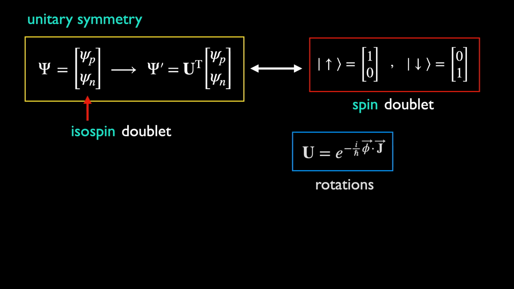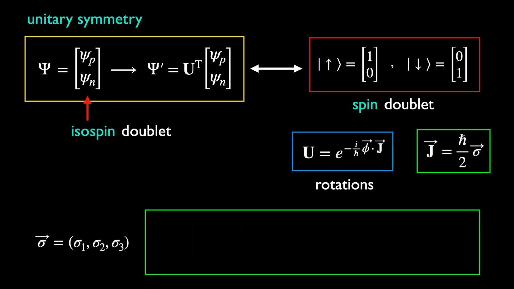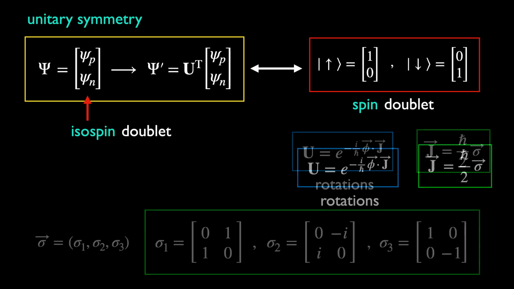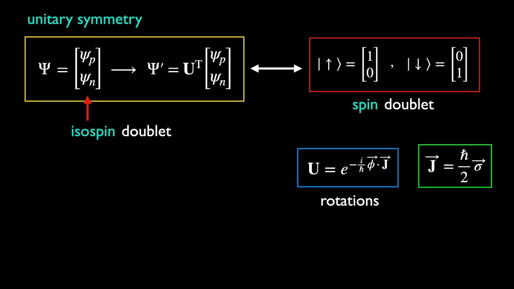Rotations are represented by the 2x2 unitary matrices generated by the Pauli matrices. The mathematics of these two symmetries are basically identical. The difference is only in the degrees of freedom that they are acting on.